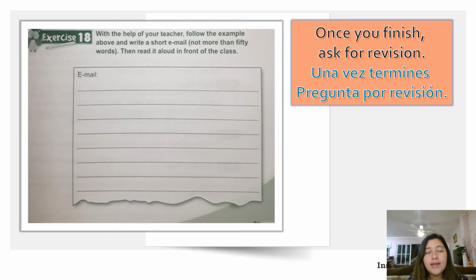En la lectura que hicimos anteriormente es un ejemplo de email y ahora es tu oportunidad de escribir un email de no más de 50 palabras con la ayuda de tu maestro o de tu maestra de inglés. Once you finish, ask for revision. Una vez termines, pregunta por revisión. Let's continue. Vamos a continuar.